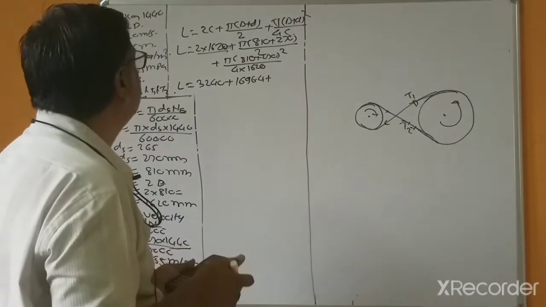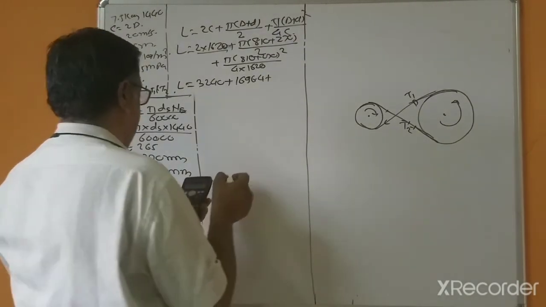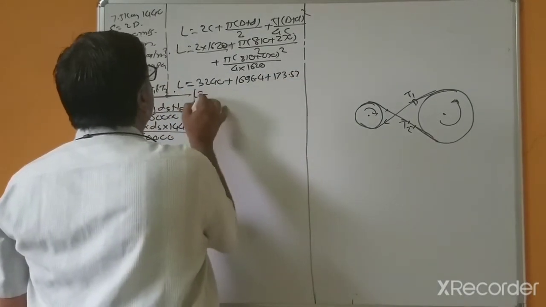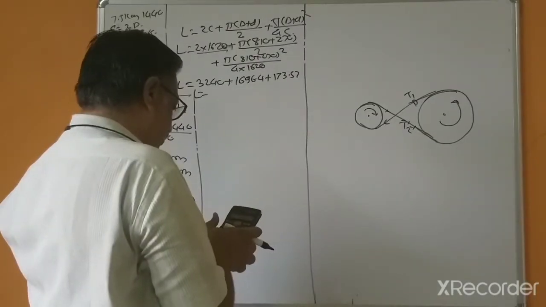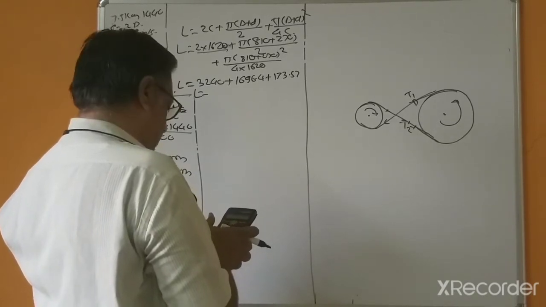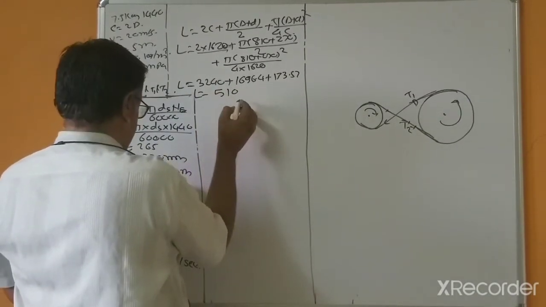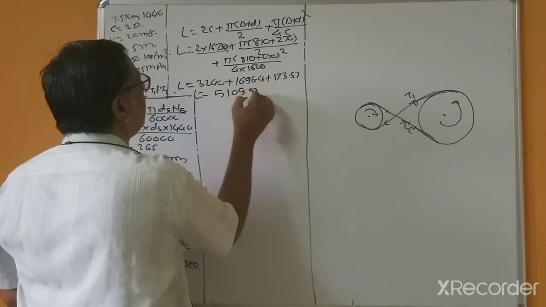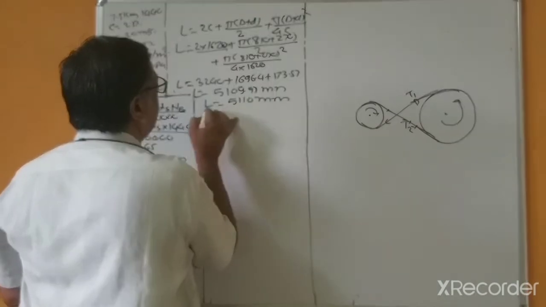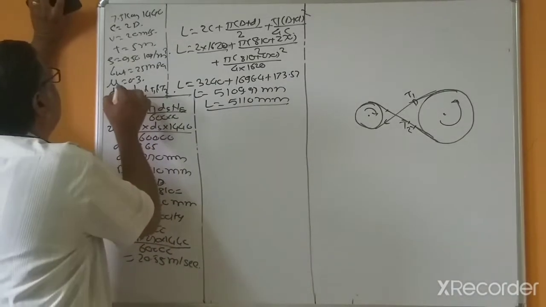I think this is 173.57. Length equal to 3240 plus 1696.4 plus 173.57, equal to 5109.97 mm. This is your first answer, length of the belt.